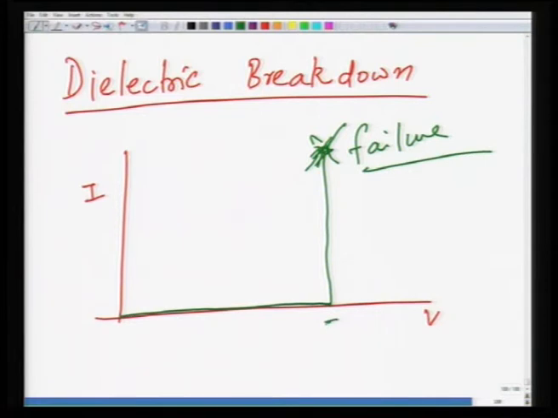This is called the critical voltage or field. There is a critical voltage for these materials, which if crossed, the materials fail, and a variety of mechanisms have been proposed to explain these failures.